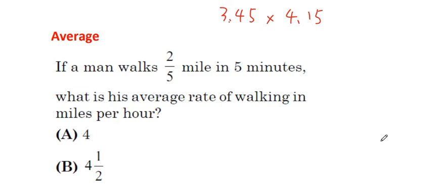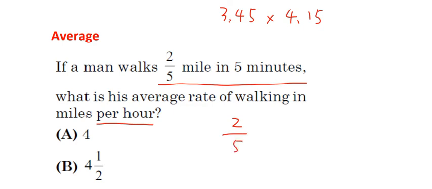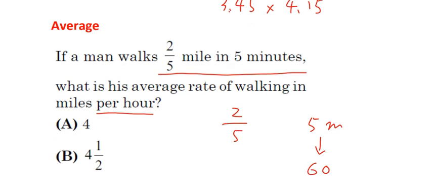Okay, so let's say in 5 minutes, 2/5 miles. Then we just change to 1 hour. How much? So just like that, 2/5, 5 minutes. So 1 hour equals 60. We just change this 5 to 60. So from 5 to 60, we multiply 12.